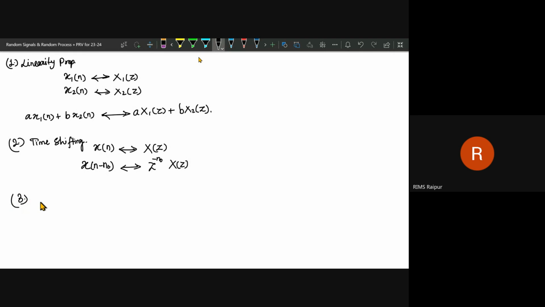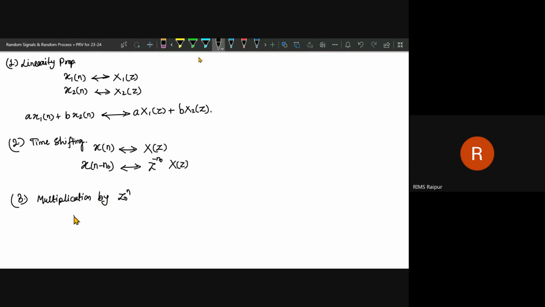Third is multiplication by Z naught to the power n.